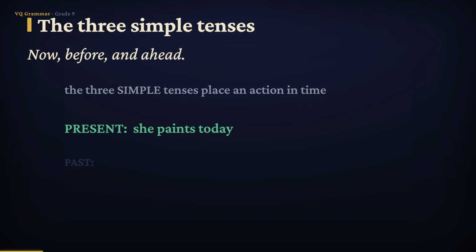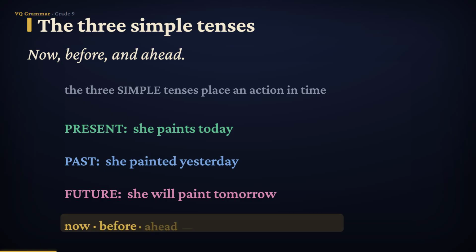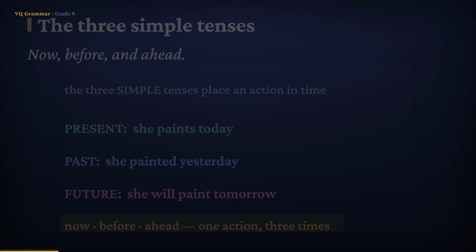Past tense. She painted yesterday. Something that already occurred. Future tense. She will paint tomorrow. Something that hasn't happened yet, marked by that little word will. 3 tenses, 1 action. Now, before, and ahead.